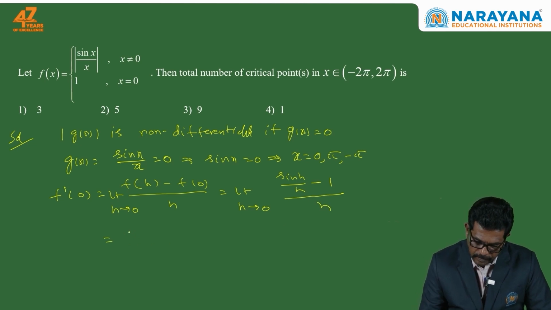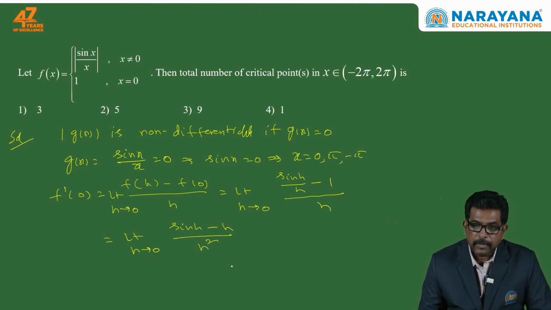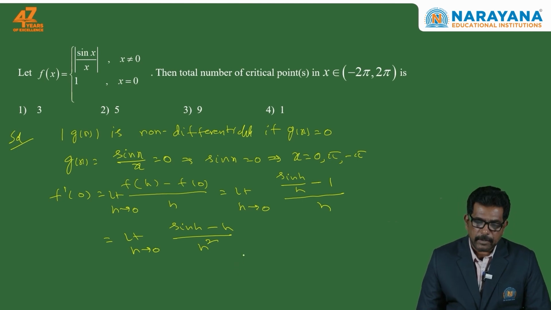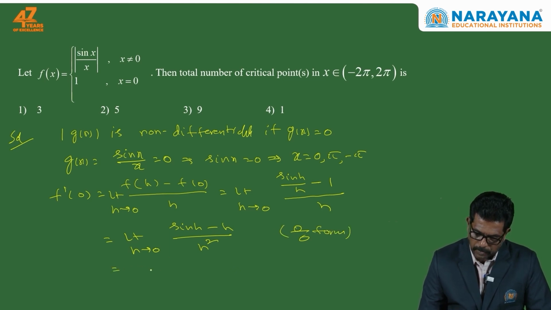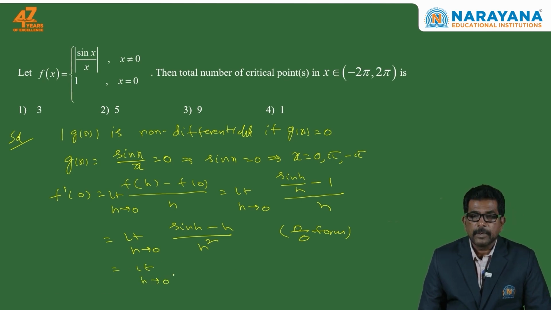Now this is equal to limit h tends to 0 of sin h minus h upon h square. When we apply the limit to this expression, the numerator and denominator take the 0 by 0 form. So we can apply the L'Hopital rule, or we can use the expansion, which is also correct.